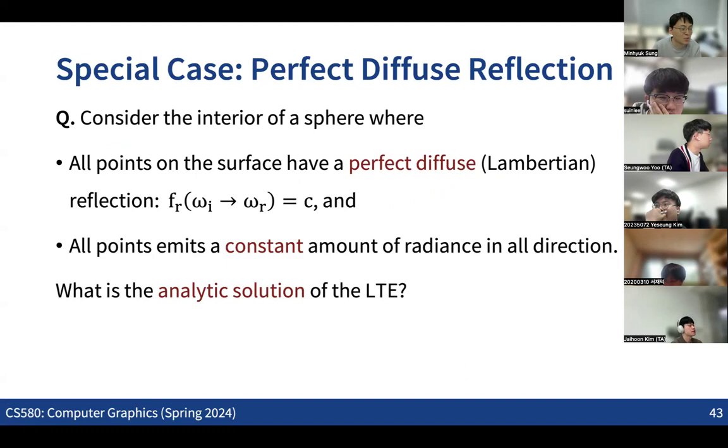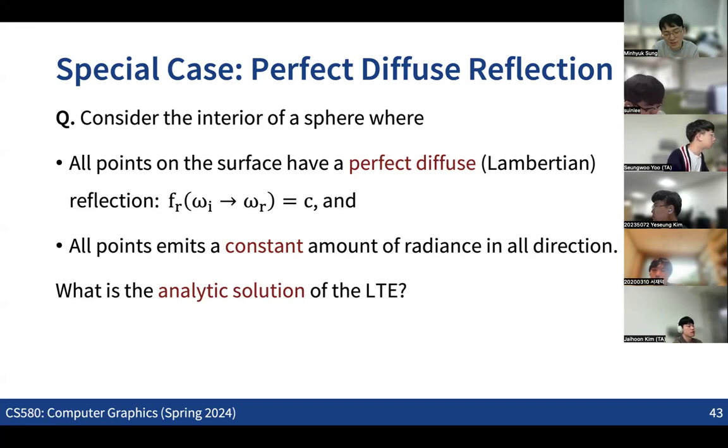Consider the interior of a sphere as the scene that we are considering. When you have this interior surface, we assume that all the points of the surface have perfect diffuse reflection, the uniform reflection, which means that the BRDF becomes constant. And also the big sphere is a light source, where all the points emit a constant amount of radiance in all directions.